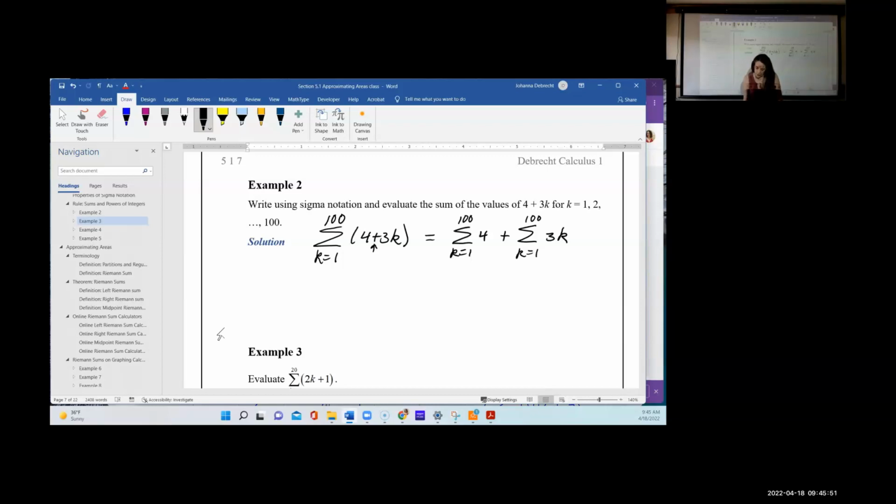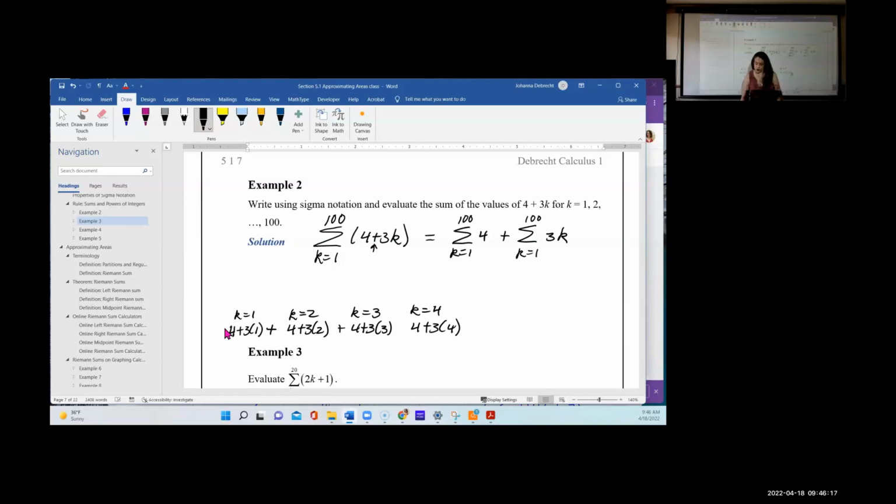So for example, if you're wondering what this would look like, first k would equal 1, and you would write 4 plus 3 times 1, plus, then k would equal 2, and you would write 4 plus 3 times 2, and then k would equal 3, and you would write 4 plus 3 times 3, and then k would equal 4, and you would write 4 plus 3 times 4.